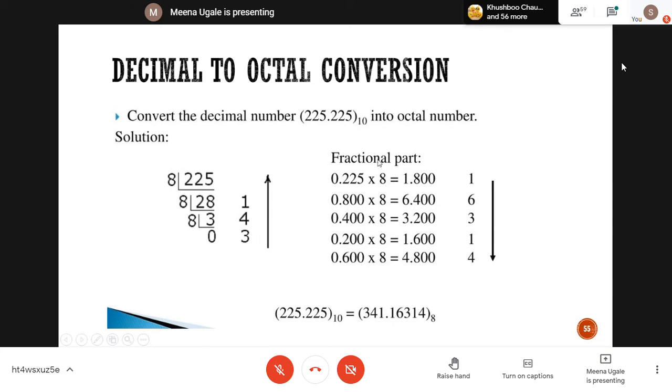For the fraction 225, multiply it by 8, follow the previous slide method, and you will get the equivalent like this, 341.61314. Note down this one example, which has a combination of integer as well as fraction part. And then you can try it on one example.